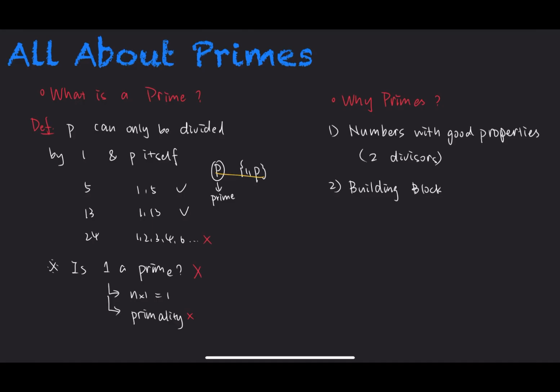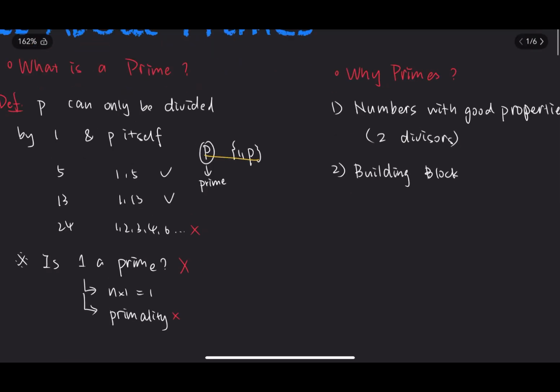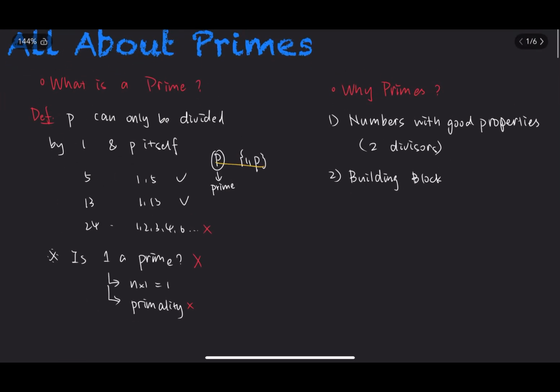We can say that 24 equals 3 times 8, and 8 equals 2 times 2 times 2. And then we have successively dismembered 24 into a product of primes, 2 cubed times 3. So in a sense, primes are the generators of the integers. If you're unsure why I use this terminology here, maybe it will become more clear later on when we introduce generators in a more general algebraic sense.